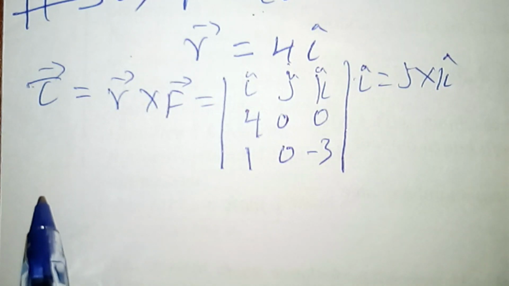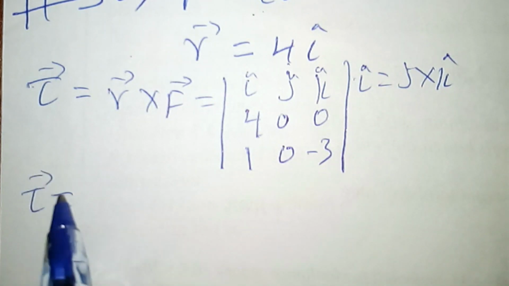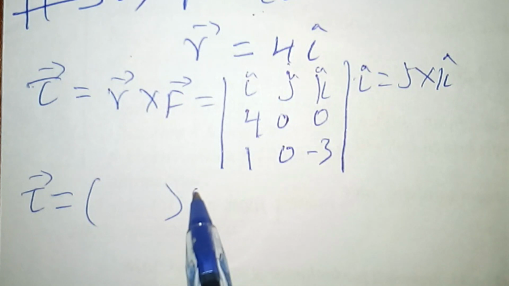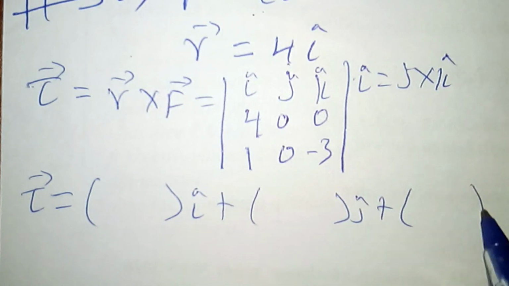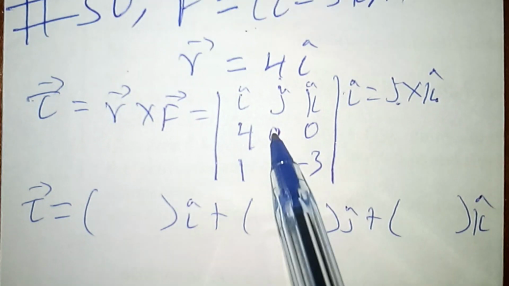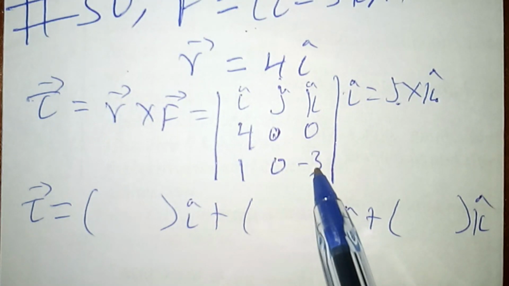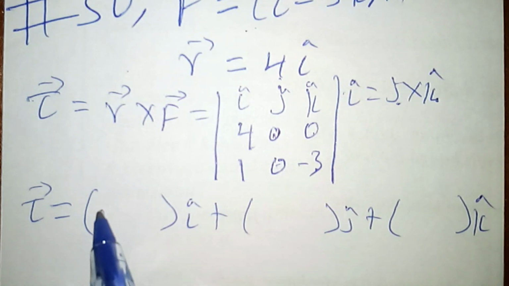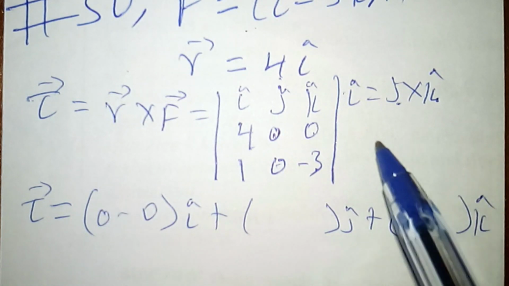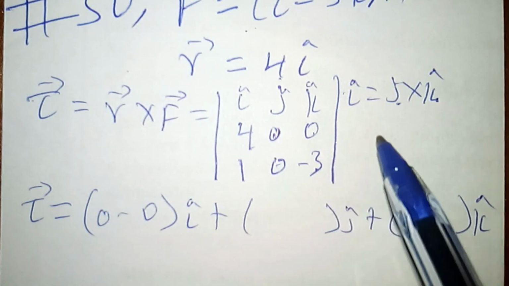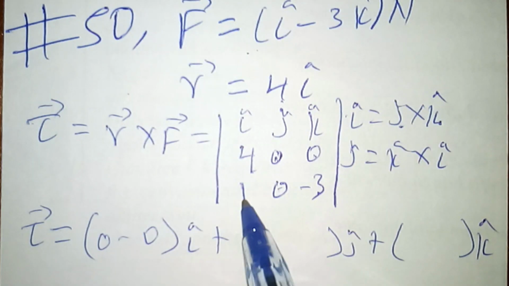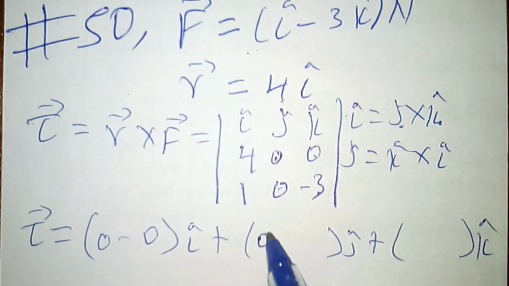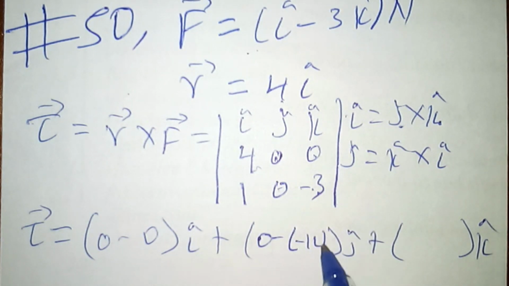Then we can collect the torque as the component along i plus the component along j plus the component along k. For i: 0 times -3 is 0, 0 times 0 is also 0, so this is 0 minus 0, we don't have i terms. For j: 0 times 1 is 0 and minus 4 times -3 is -12.